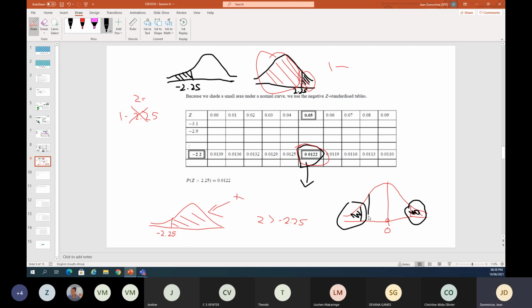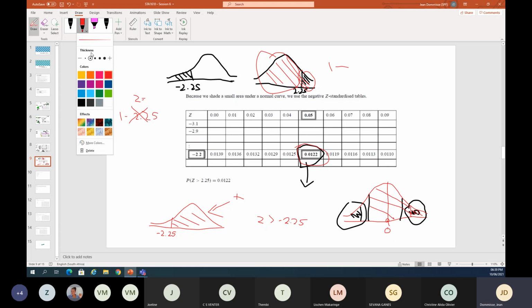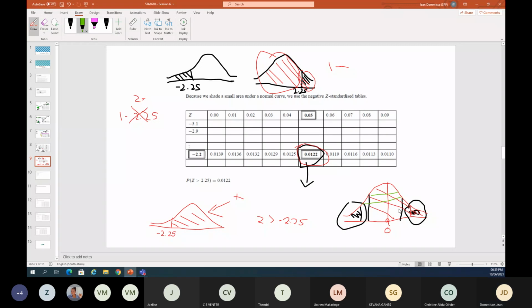If I shade it and I know that I'm going to have a bigger than 0.5 probability, then I'm going to use the positive.